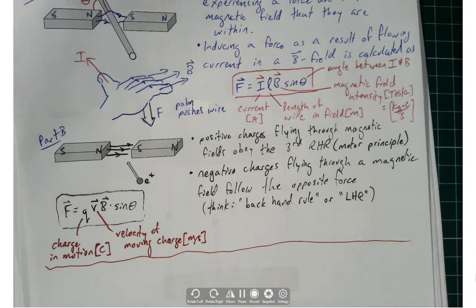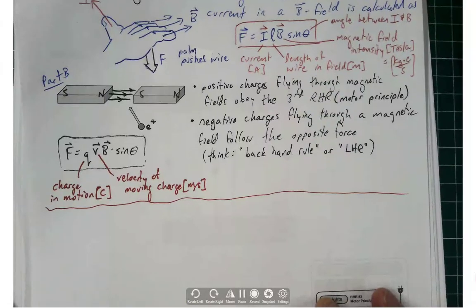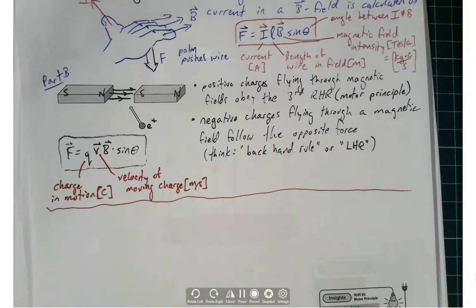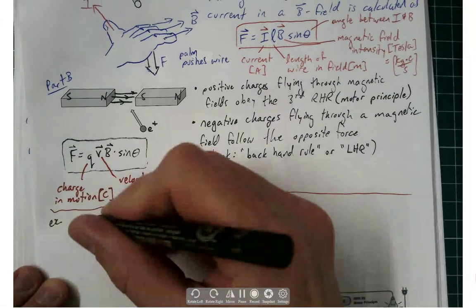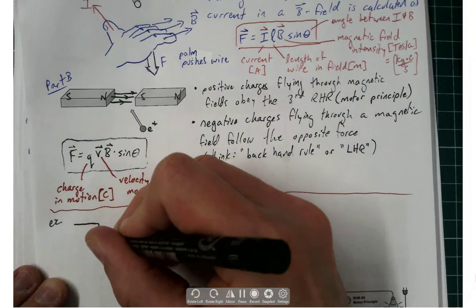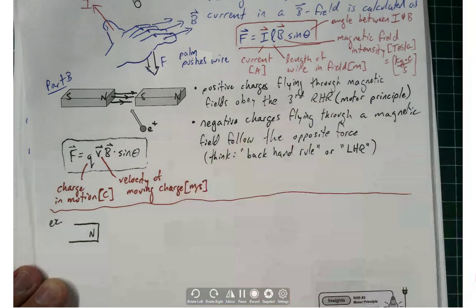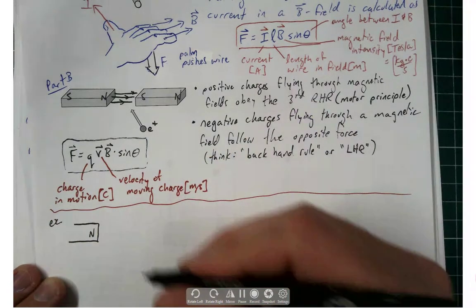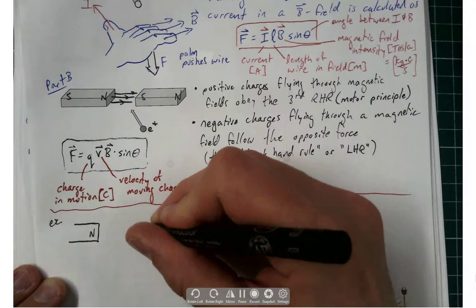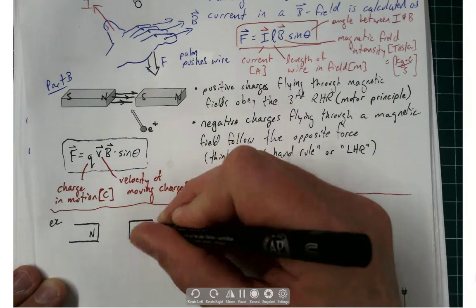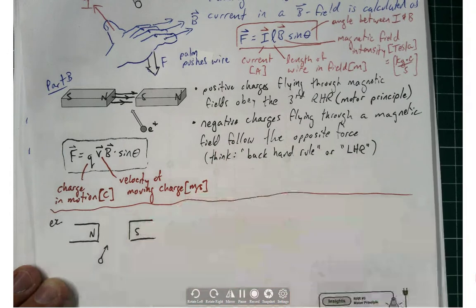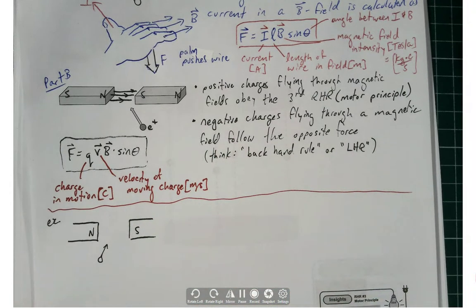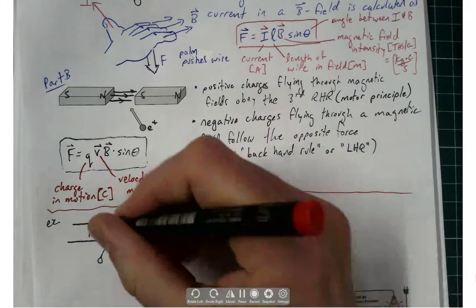I want to sort of do a little block out for my page and just think quickly about doing an example. So in my example, again, I want to have this idea of having a magnetic field source. So I'll just draw a partial of a north pole there, give myself a south pole over here. We'll have a charge that's in motion, pew, pew, pew, getting shot through that magnetic field gap.